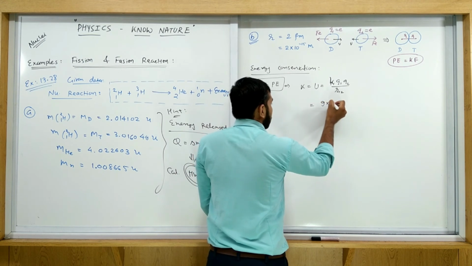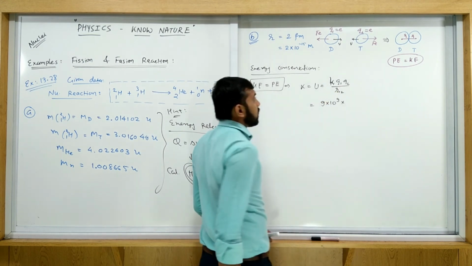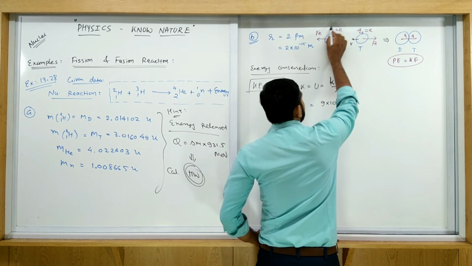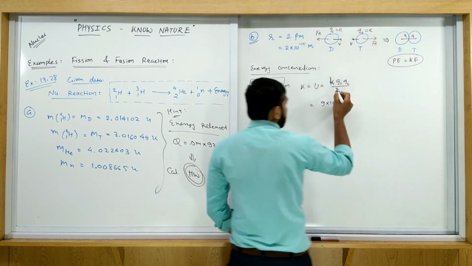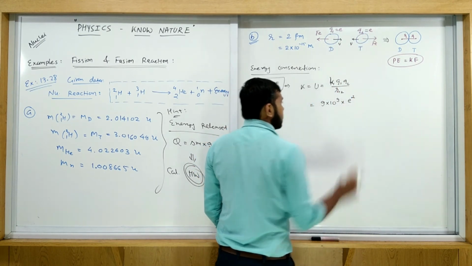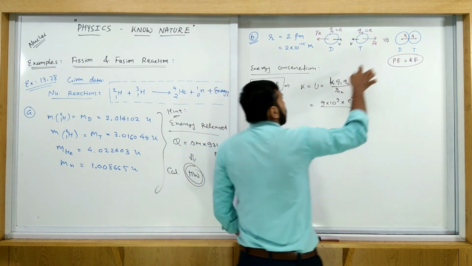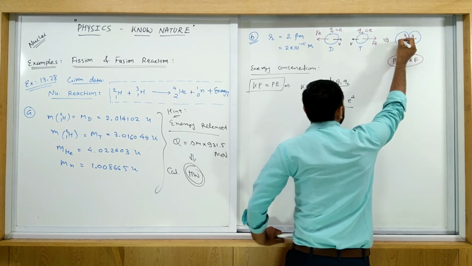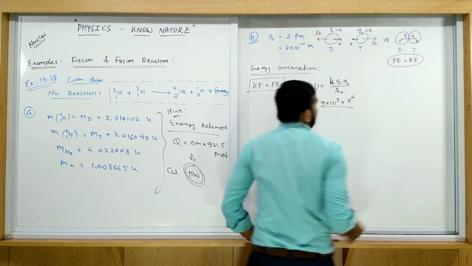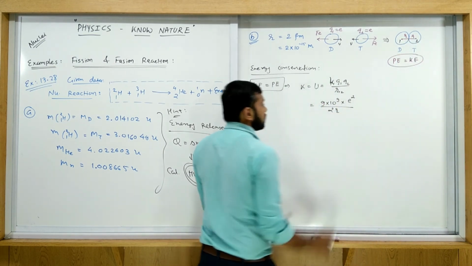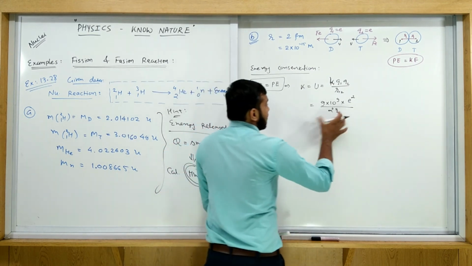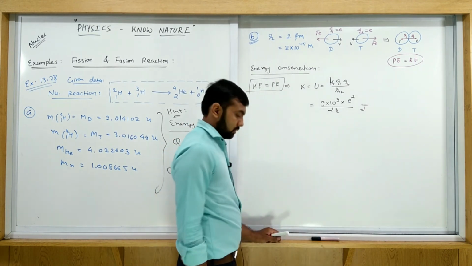So 9 into 10 raised to 9 into Q1. What is the charge of this one? E, and the second one also E. So Q1 into Q2 both are the same, E square, upon R12. What is R12? This is the 1 and this is the 2, so R12 is 2R. So upon 2R, and this is your answer in terms of joule.